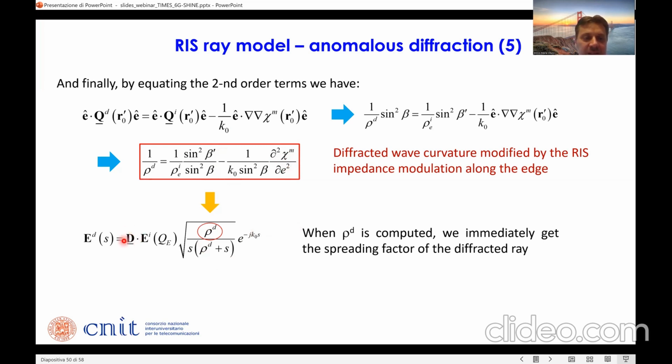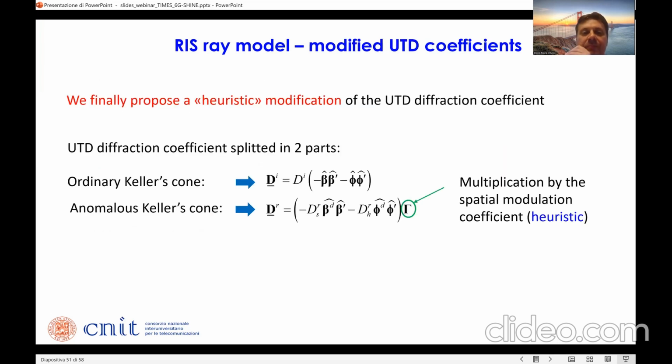The last part of the paper is the heuristic modification of the diffraction coefficients contained in this dyadic D. In our case, as I said before, we have two different cones, the ordinary Keller's cone and the anomalous Keller's cone.